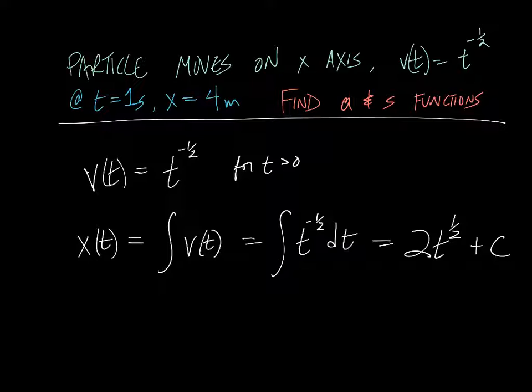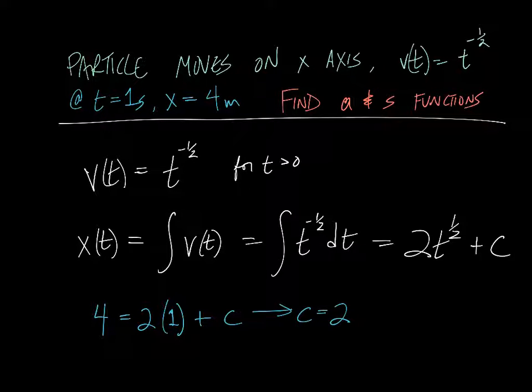Let me get the color switched back here to what I had for that data. So when x is 4, t is 1, plus some other piece of this puzzle, inevitably a starting point. So what does that mean? That means that my value of c is 2.